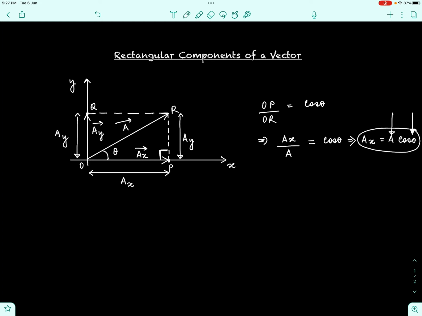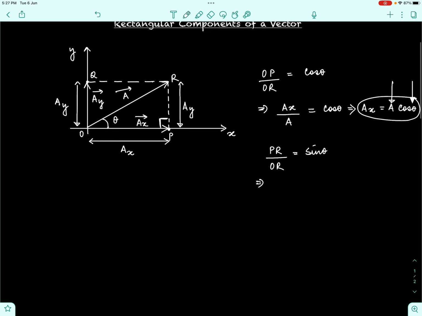So, we can write the length PR, which is the opposite, by the hypotenuse, which is OR, as sin theta by definition, which implies PR, which is Ay, by OR, which is A, is equal to sin theta, and from here we get the value of Ay as A sin theta. So, this becomes the y component of the vector A.